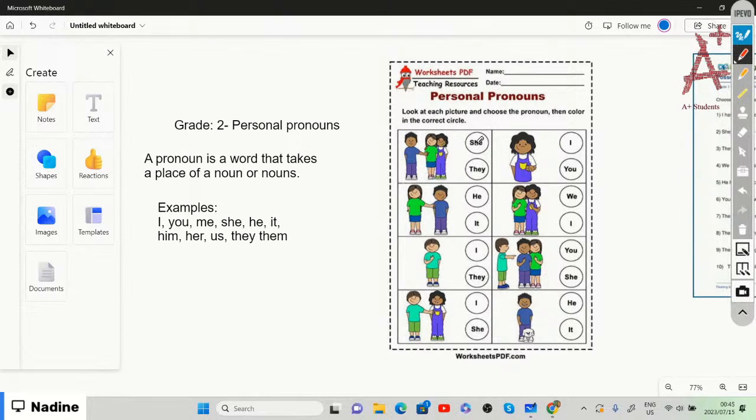So you need to also look at who they are pointing to, right? In order to say what the personal pronoun is. All right. So who is he showing to? Is it she or they, right? She or they. If you look at he standing on the one side and he is showing to the two girls. All right, so if he's showing to the two girls, then we can say he's referring to they, right? They are.